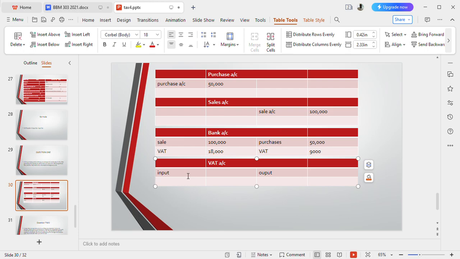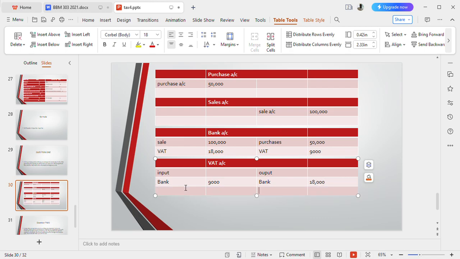So the input, as far as the VAT is concerned, our input was under the purchase, which is how much? 9,000. So bank, still we are obeying the double entry rule. Whatever you debit, you must credit. Then for sales, we credit bank, 18,000.